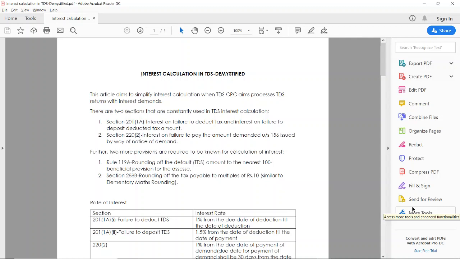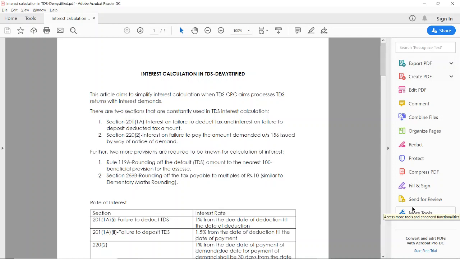Here I have tried to explain how to calculate the interest on TDS defaults or TDS demands. Basically there are three sections that deal with interest, which I've given in this article of mine, the link of which is posted in the comment section.